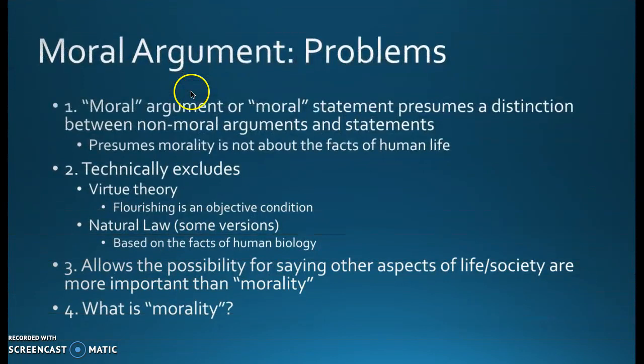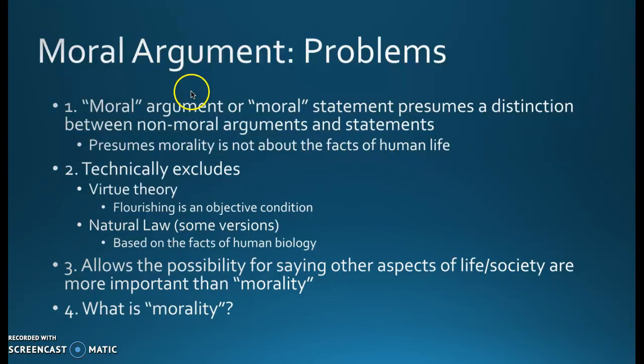Now, I want to criticize this approach. This is the approach that's used in your book, but I want you to be a little open to criticizing this. When we call something moral, we're automatically presuming that there's a distinction between morality and the facts of human life. And that is not true for a variety of moral theories, particularly virtue theory. Aristotle is a primary representative of virtue theory.